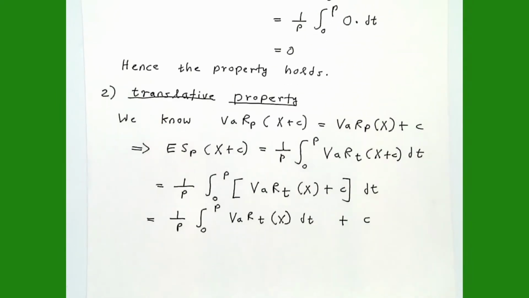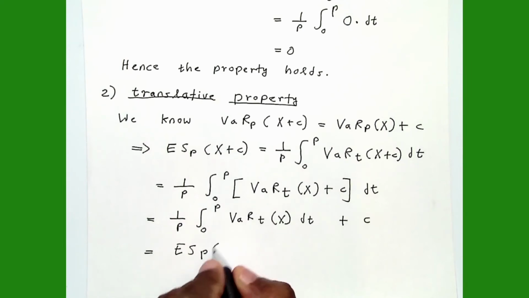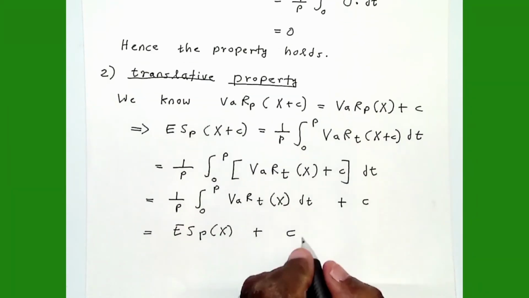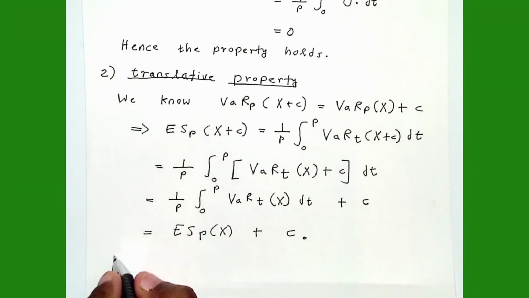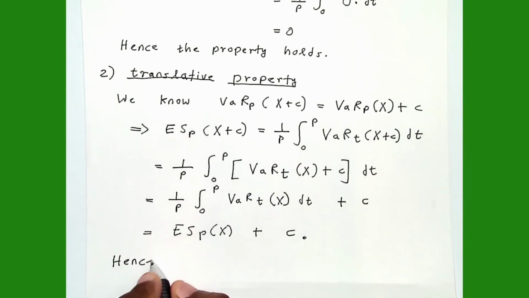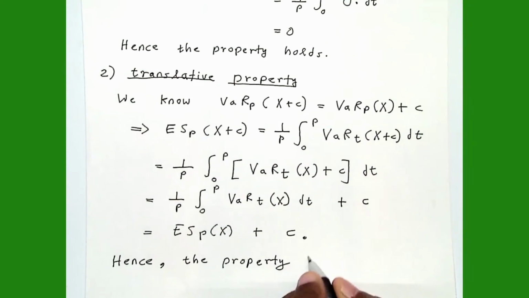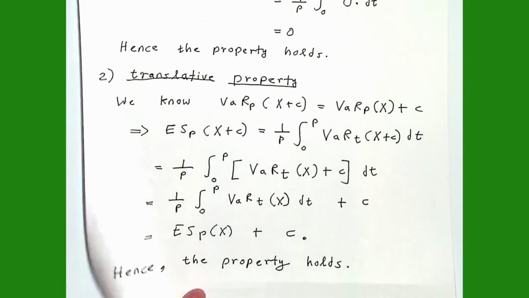Right, and this guy here is simply the expected shortfall at x plus a constant outside. So hence we have proved the translative property. All right, that's the second.